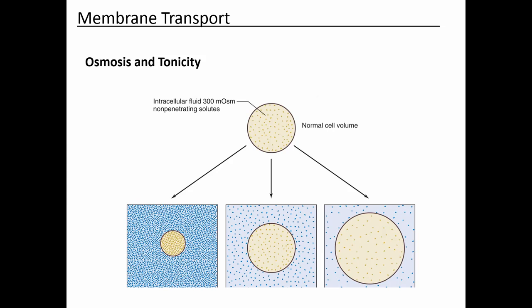And in biology, when you're talking about the tonicity of different solutions, whether they're hypotonic, hypertonic, or isotonic, you're always comparing the tonicity of the solution relative to the tonicity on the inside of the cell.